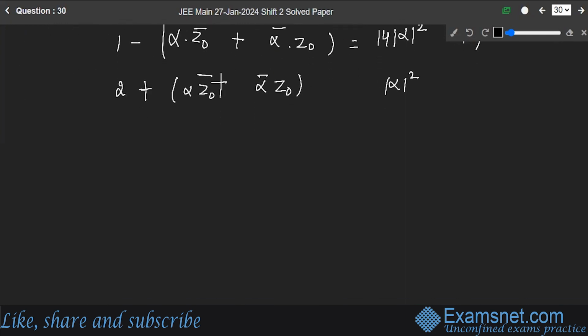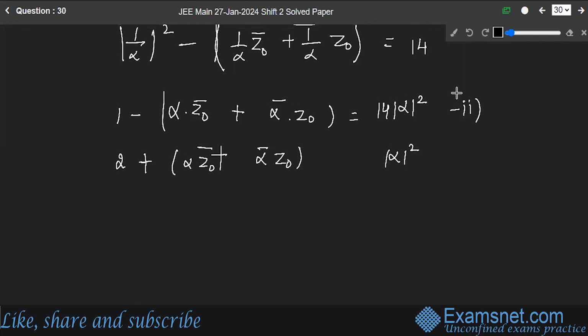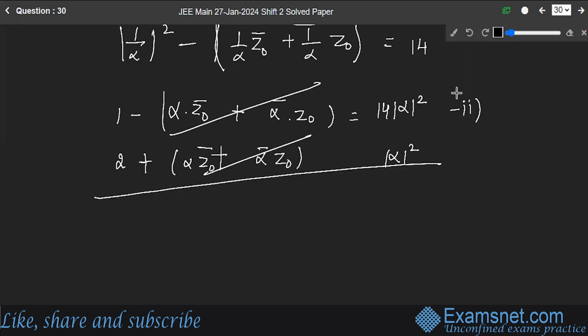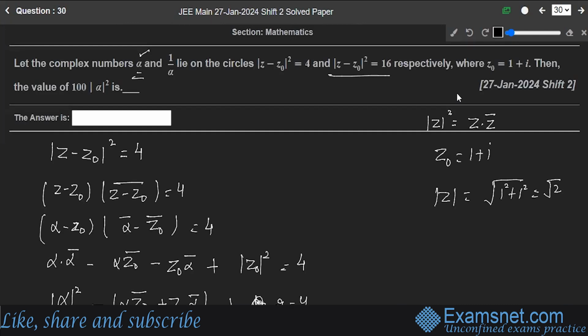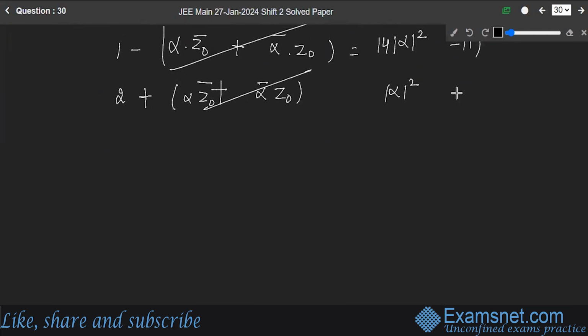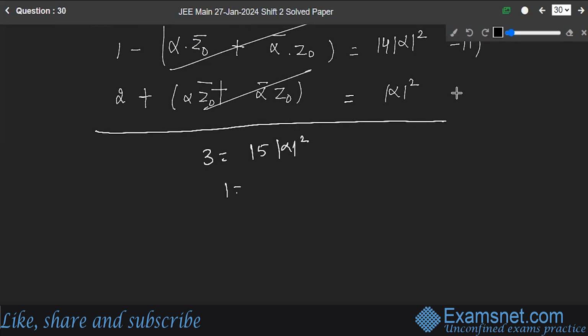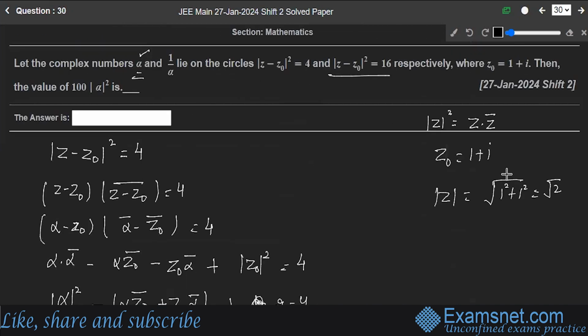Okay. Now let's add both of them. These two terms will cancel. You will have 3 is equal to 15 modulus of alpha square, or 1 is equal to 5 modulus alpha square. Let's multiply both sides by 100. This is equal to 20. And that is what we needed in the question, right?